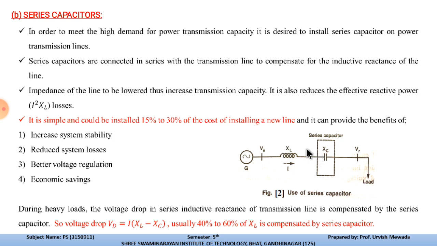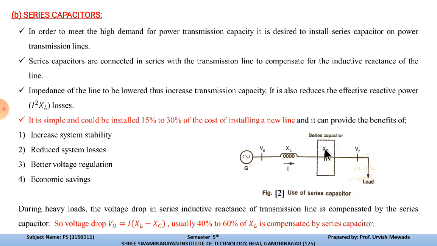If losses are there, then we need to send more power including the losses. So if losses are compensated using a series capacitor, then we can send an adequate sending end voltage, so that we can receive an adequate receiving end voltage at the receiving side with minimum losses.